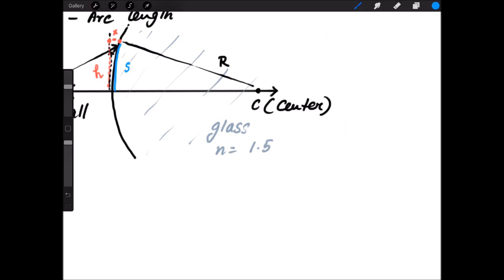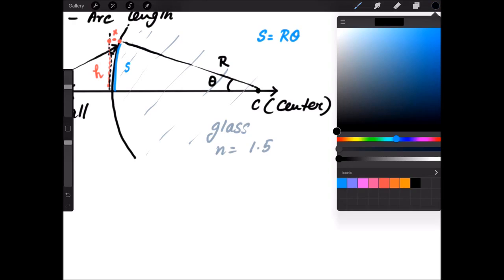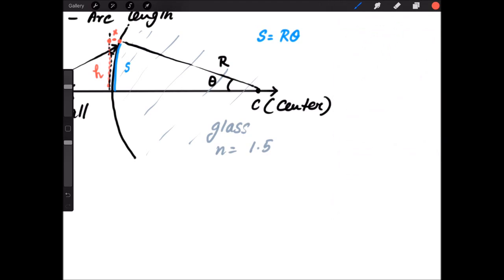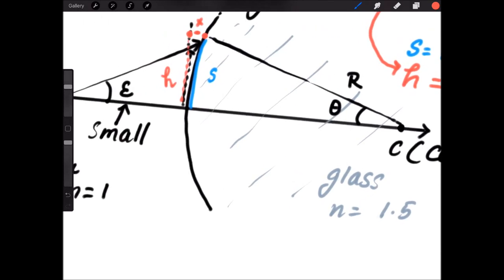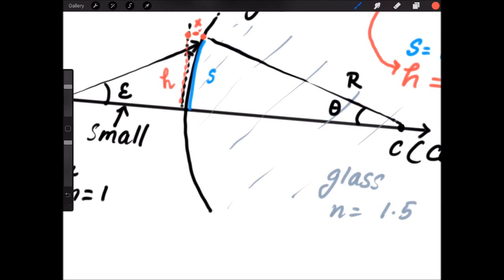So you can, if you remember your geometry, you have s equals r times theta. Theta is this angle. So what happens in the paraxial approximation? Is that h equals s, because we ignore this distance. So we set h equals the arc length.